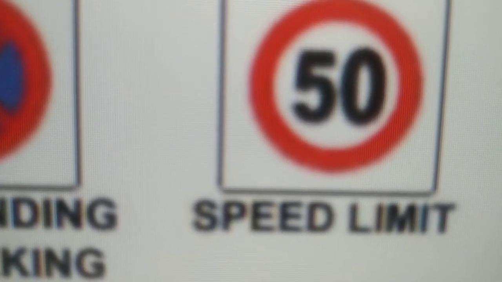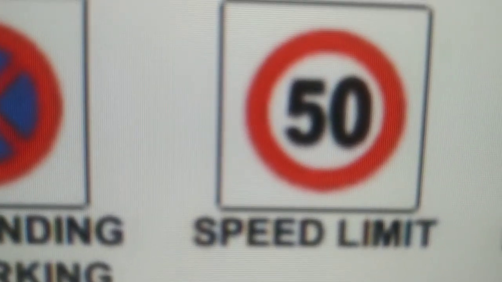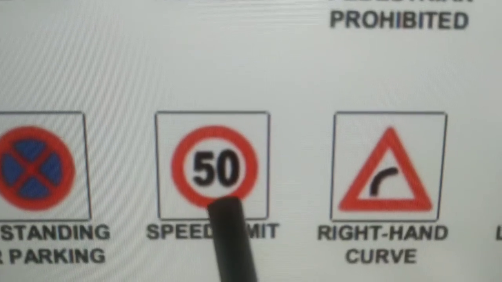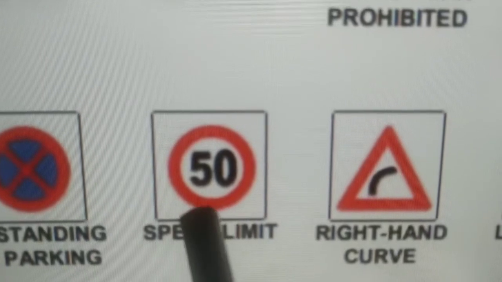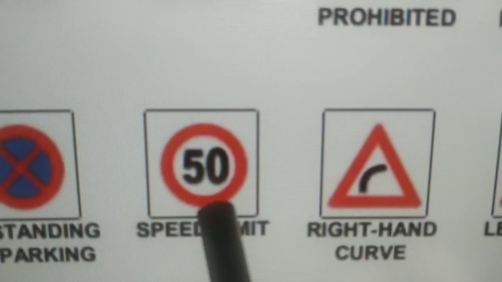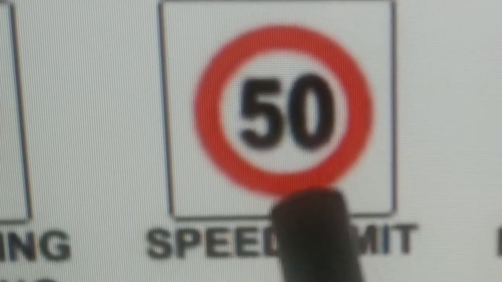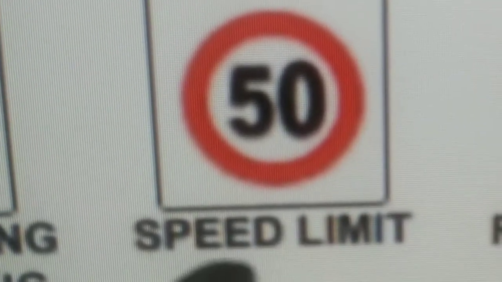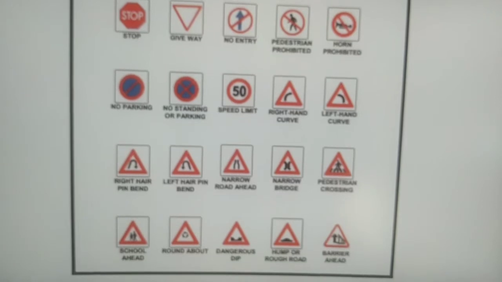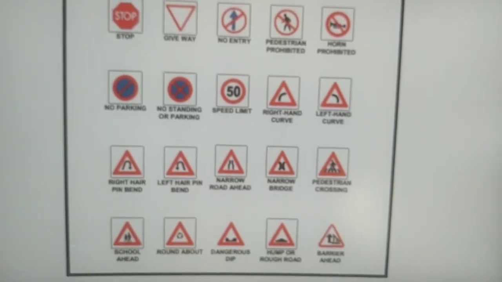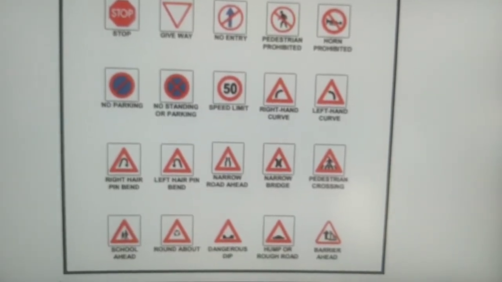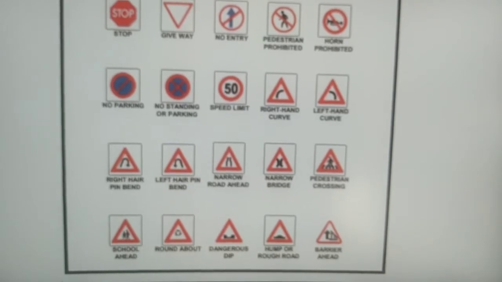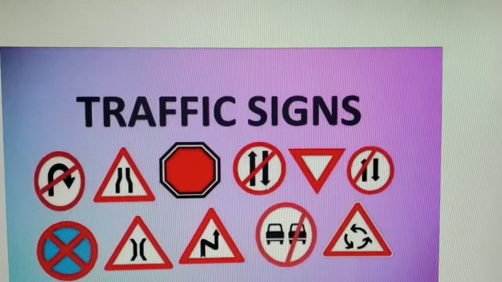The person who is driving should not exceed this number. The speed should not exceed 50. Just go through this, and it is important to know at least the common ones. It will help us, isn't it?